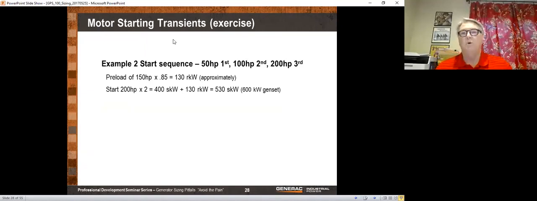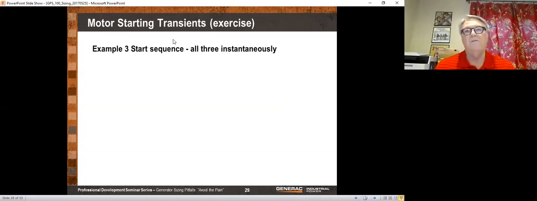And that is 400 kilowatts plus the 130 that was already running. We now have 530 starting kilowatts. So we're probably going to have to purchase a 600 kilowatt generator. The generator got 50% bigger just because we started the load in a different sequence. Now, the good thing here is because we went with the larger generator, our voltage drop is going to be a little bit less.